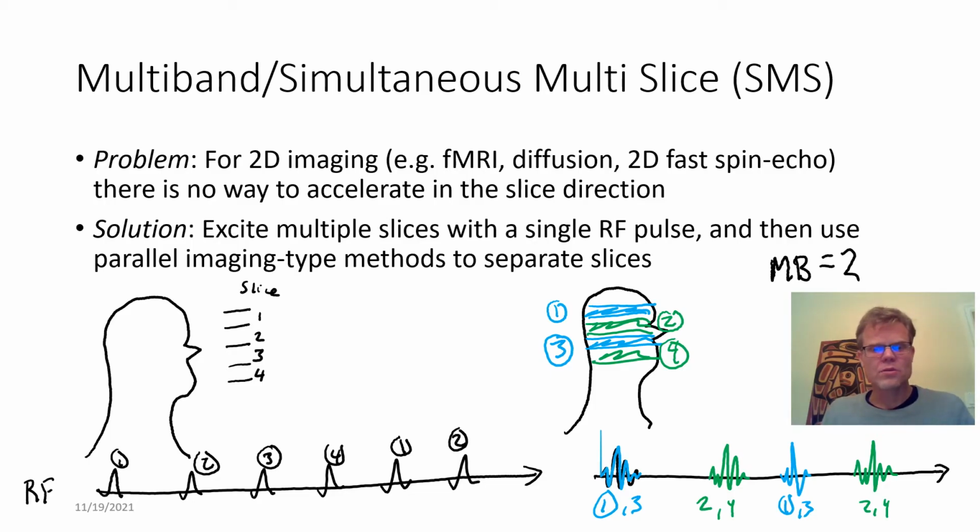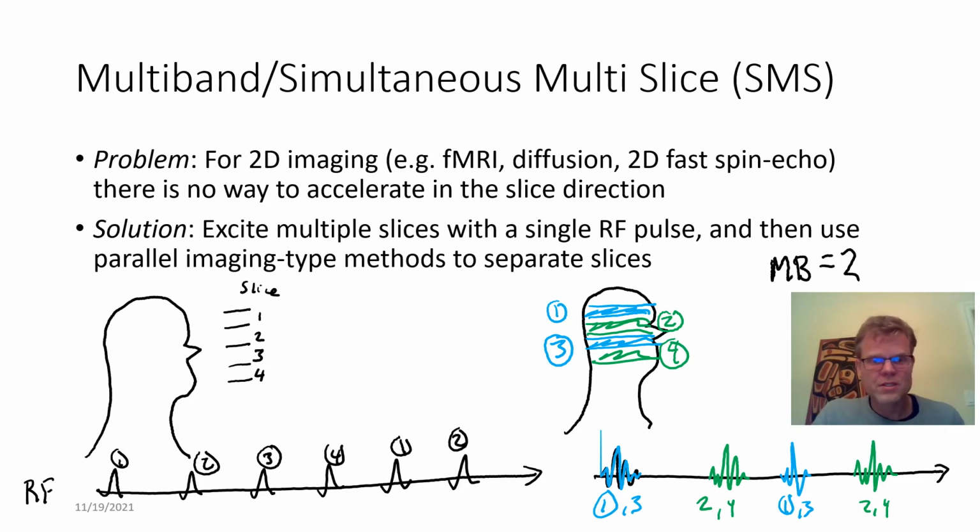Okay, and then one of the new techniques we want to introduce here is multiband or simultaneous multislice. And this addresses an interesting problem. We have a lot of really natively 2D imaging that we like to do, particularly for fMRI, diffusion, 2D fast spin echo sequences.